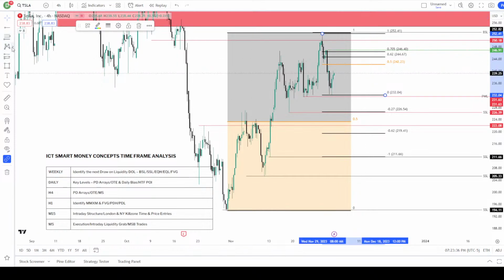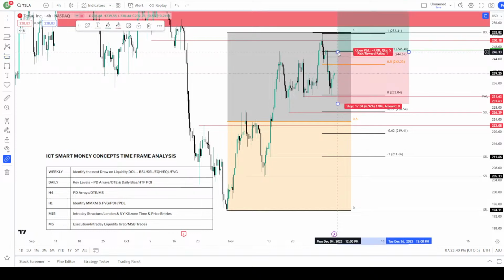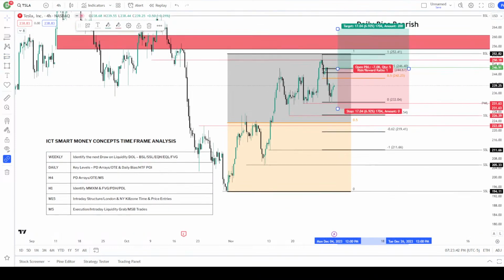So Smart Money Concepts teaches how to take low risk entries. So if you were to be monitoring this and you were to be looking for price to not go above into this fair value gap, which I think it probably will, but if this was the way you're trading it, you'd be setting your, oh, that's the wrong tool.